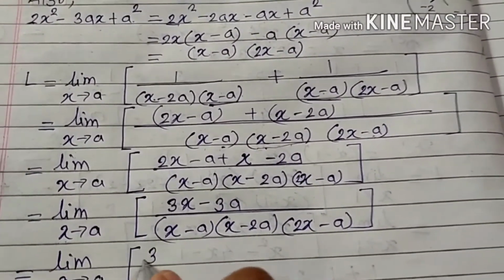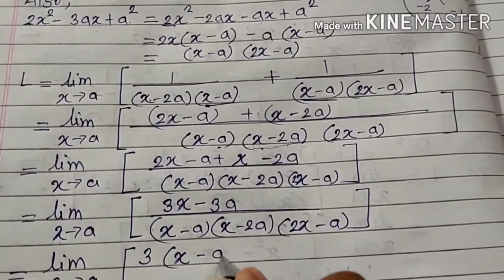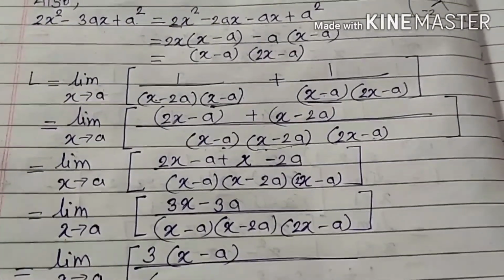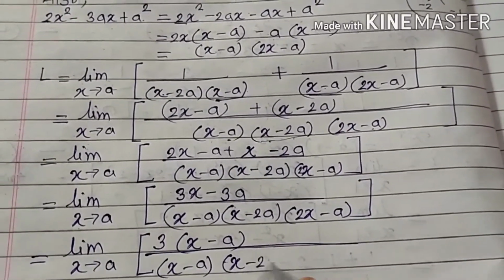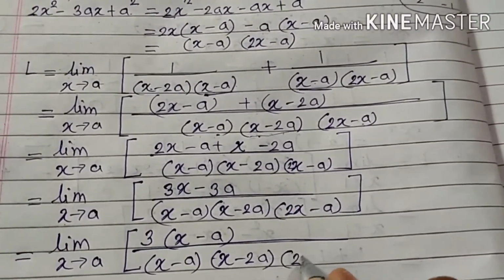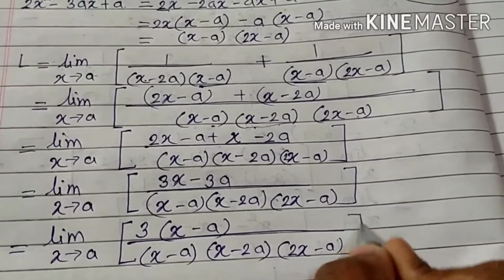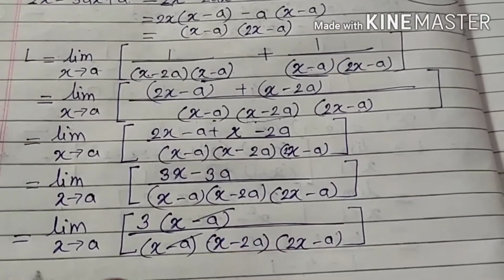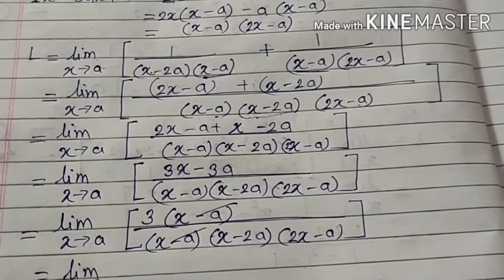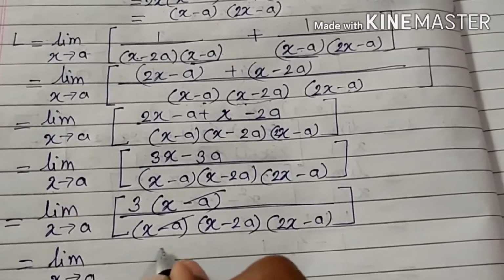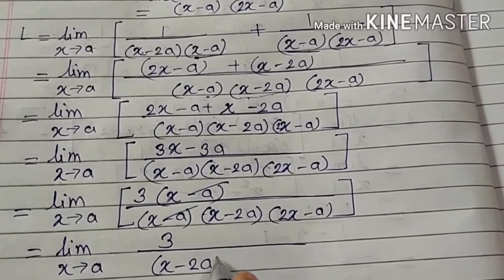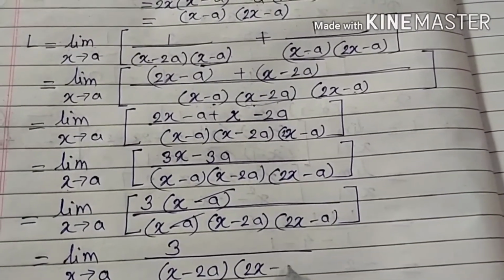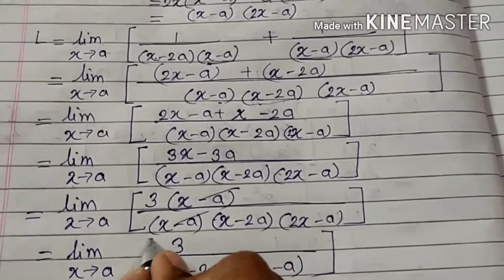Now take 3 common. x minus a cancels. Now write the remaining terms and apply the limit.